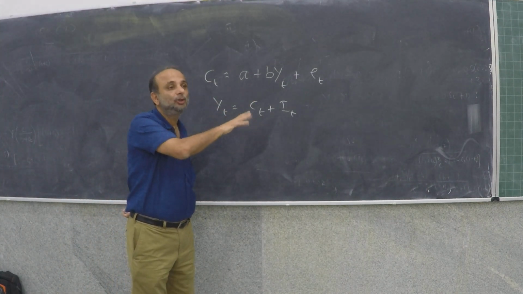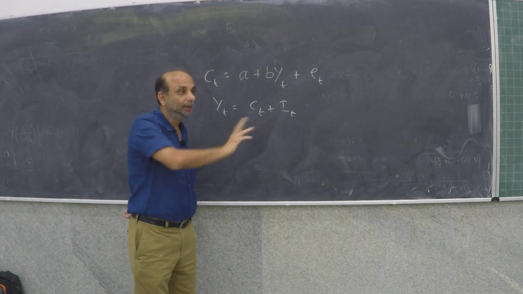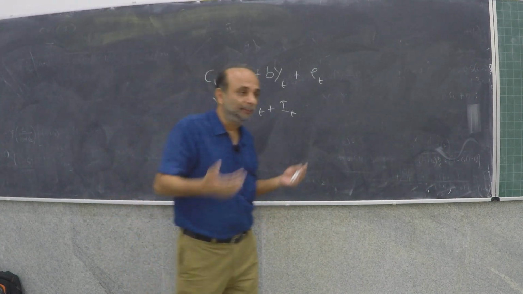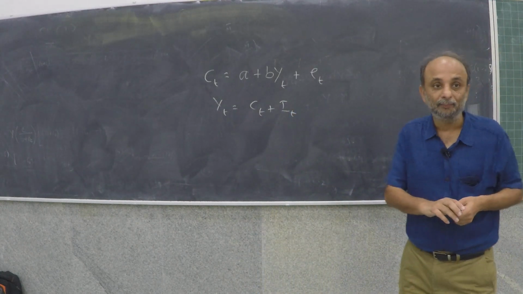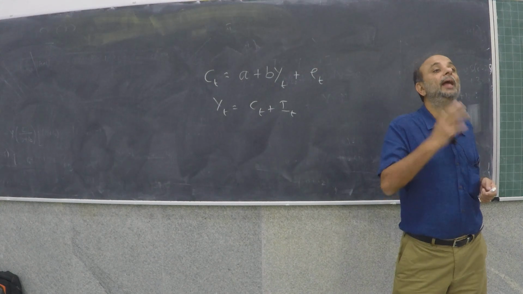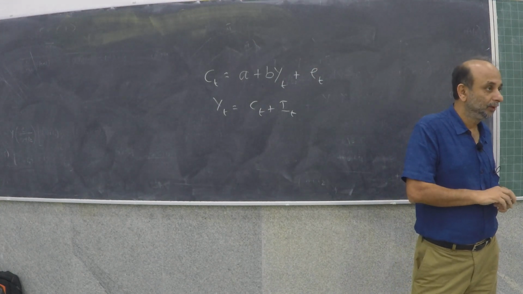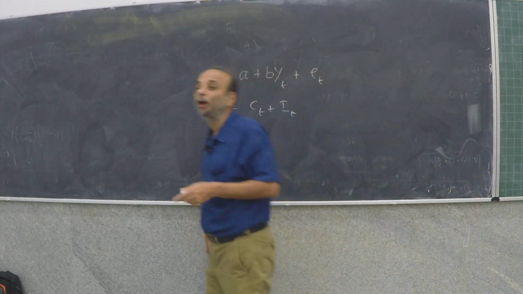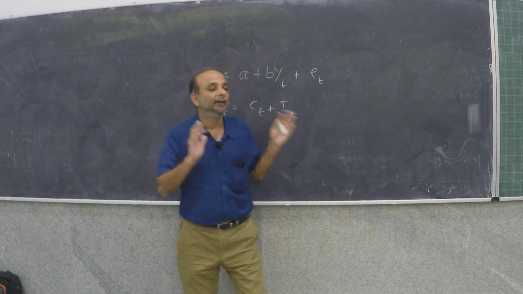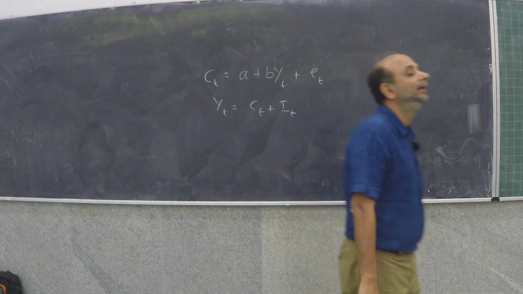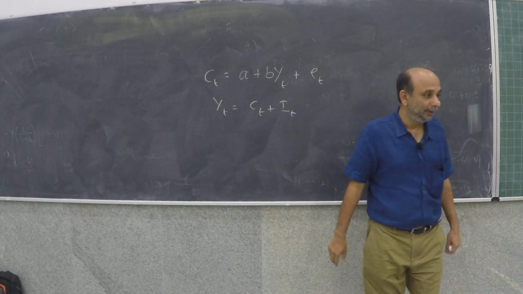The value of I_t is not determined from within the system; it is determined from outside the system. It is called an exogenous variable, whereas C_t and Y_t are called endogenous variables.